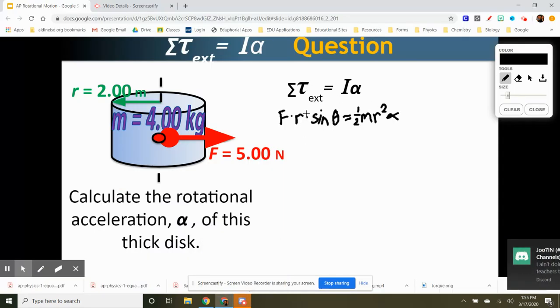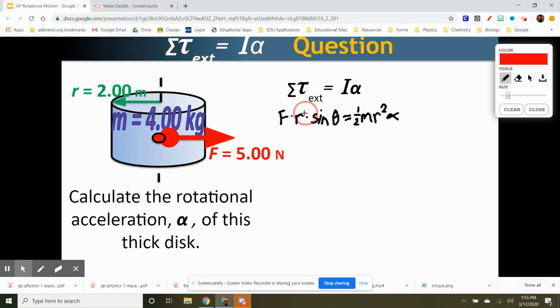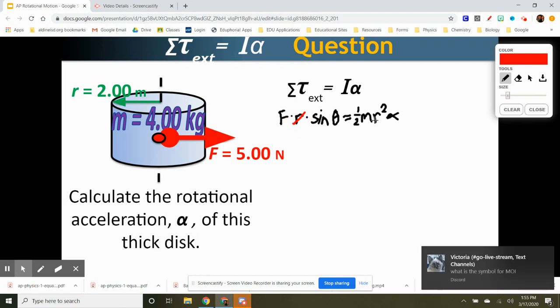R can go away. So this R is gone. And then there's two R's here, so we're just going to get rid of the squared. The symbol for moment of inertia, Victoria, is I, capital I, to be exact.